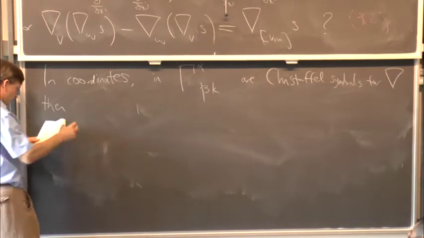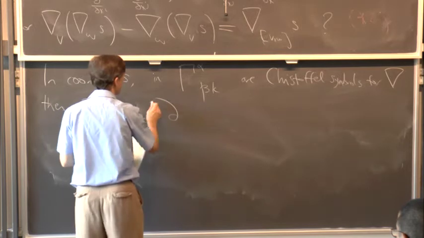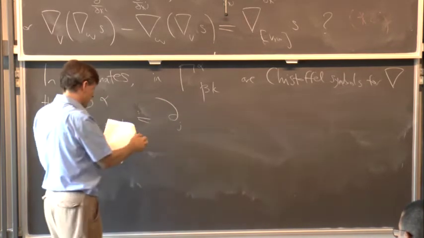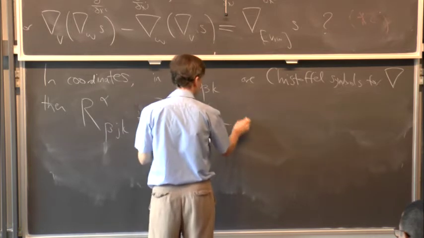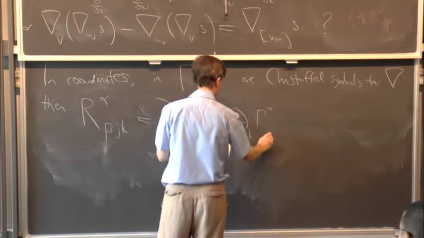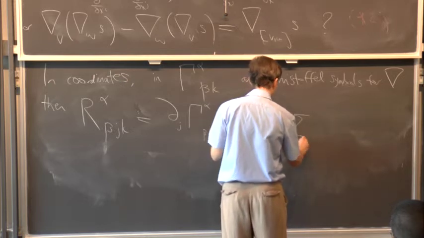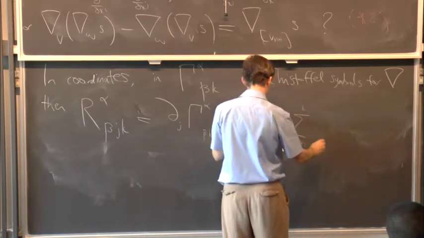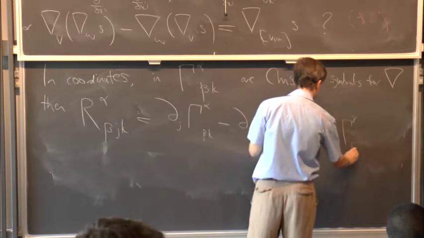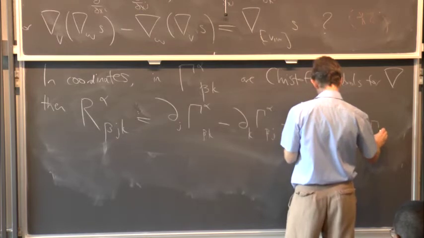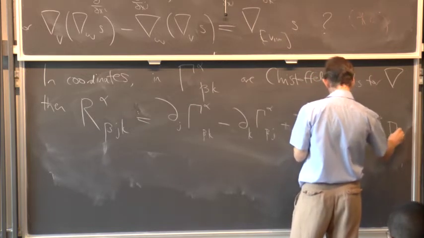Then we find that R alpha beta j k is equal to partial j, meaning d by dx^j, of Gamma alpha beta k minus partial k of Gamma alpha beta j plus, well, let's write this as the sum over gamma of big Gamma alpha, small gamma j, big Gamma gamma beta k, minus big Gamma alpha, small gamma k, big Gamma gamma beta j.